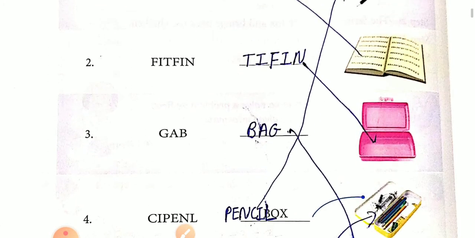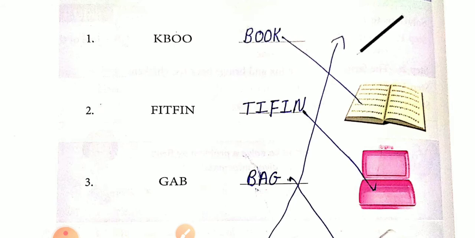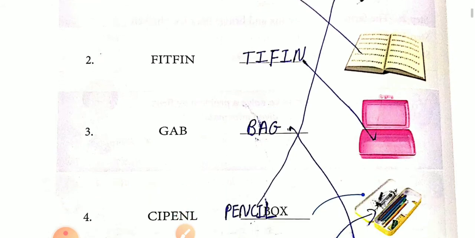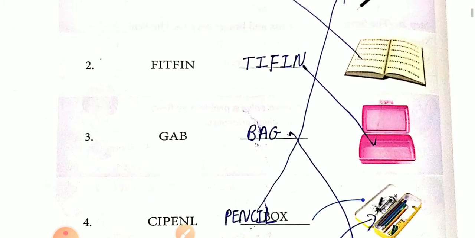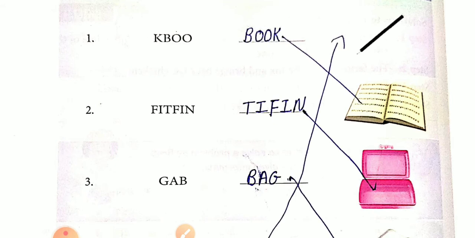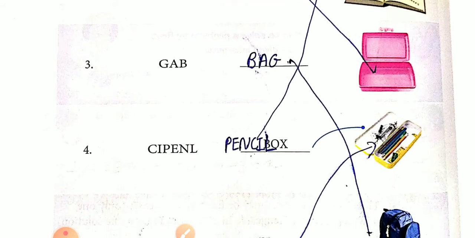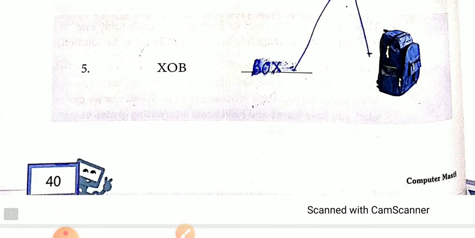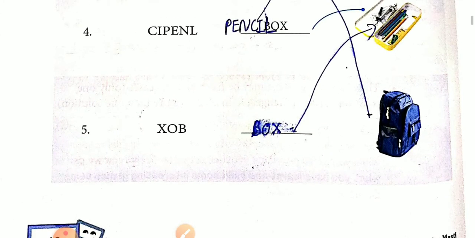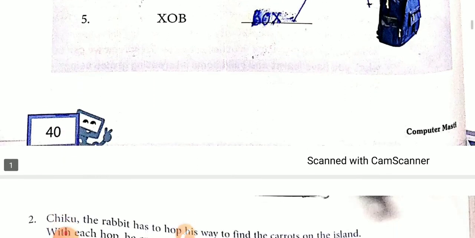In this picture this is a pencil, so here you write the meaningful word PENCIL and match it with the pencil. And here the pencil box is available, so you also match it with the pencil box. Fifth, BOX, and you also match this with the box, the pencil box.